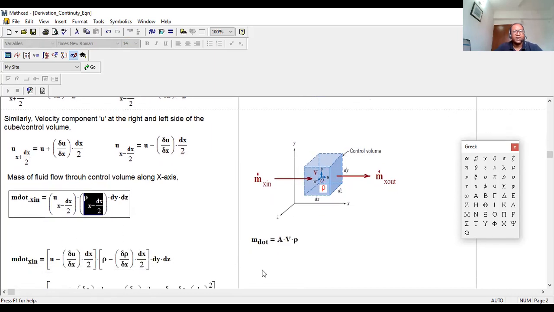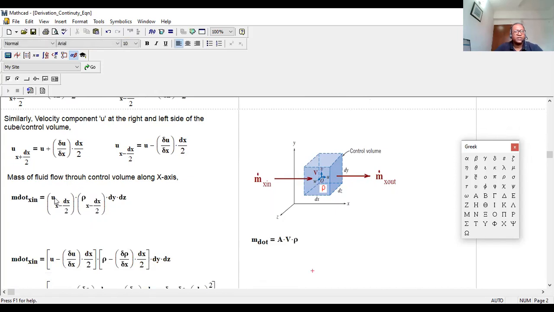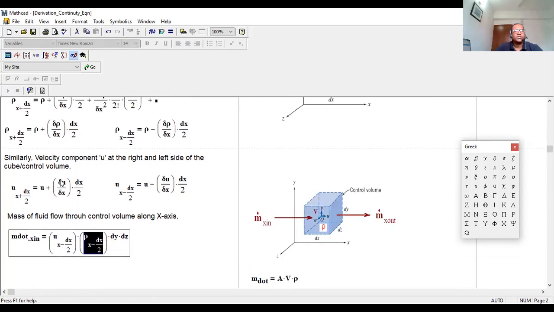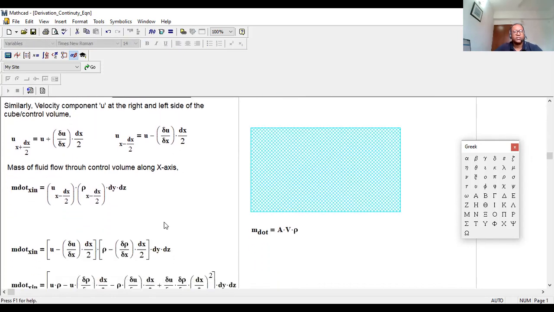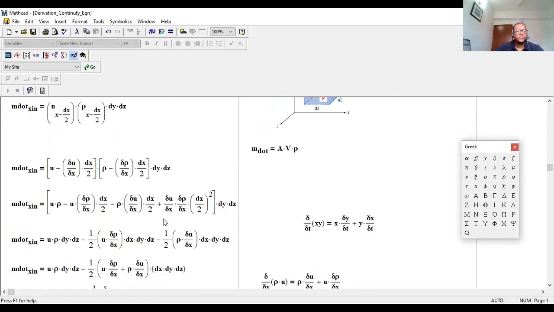Similarly, now this value, what is this value? This is equal to this mass, and this is equal to rho. We just put it over here. Then you just multiply and take out the bracket.